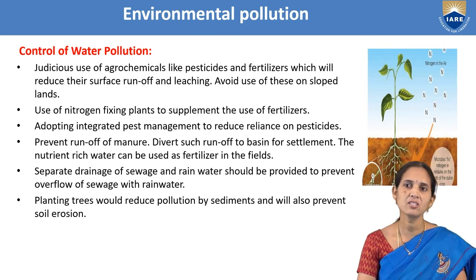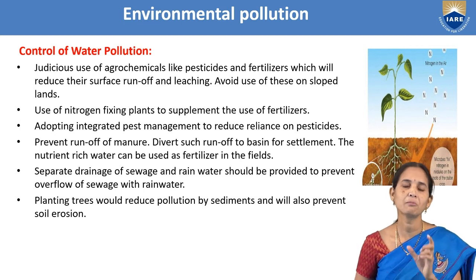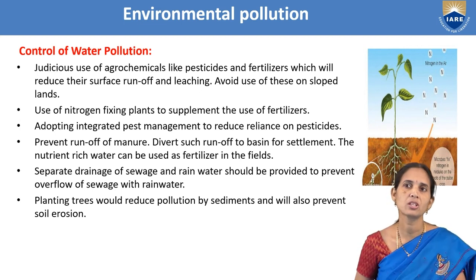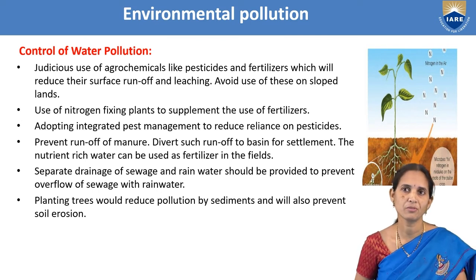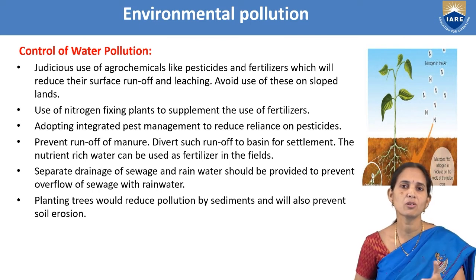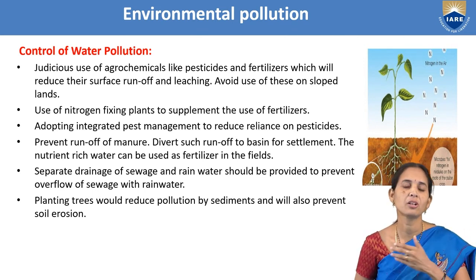Planting trees would reduce pollution by sediments and will also prevent soil erosion. So we can go for planting trees also. And mainly we have to use organic manure. We should not use pesticides or fertilizers. And for sewage water, we have to maintain separate drainage. We have to pass the wastewater separately into other areas.